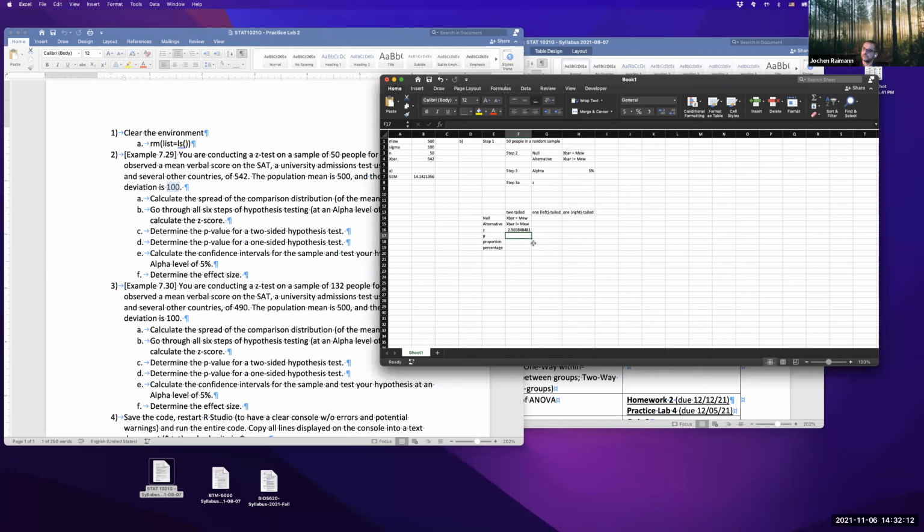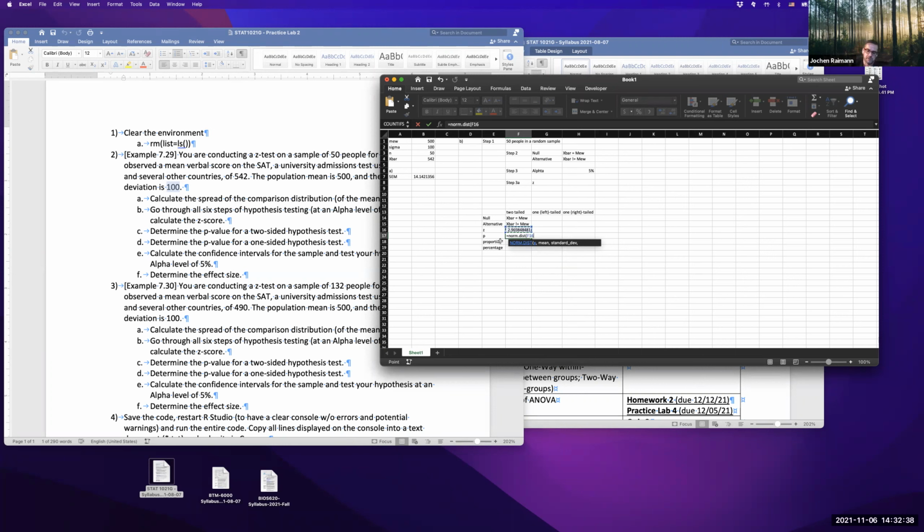There's now a way to essentially do that, which is called NORM.DIST as a function. You give it a Z score, which is here 2.9.